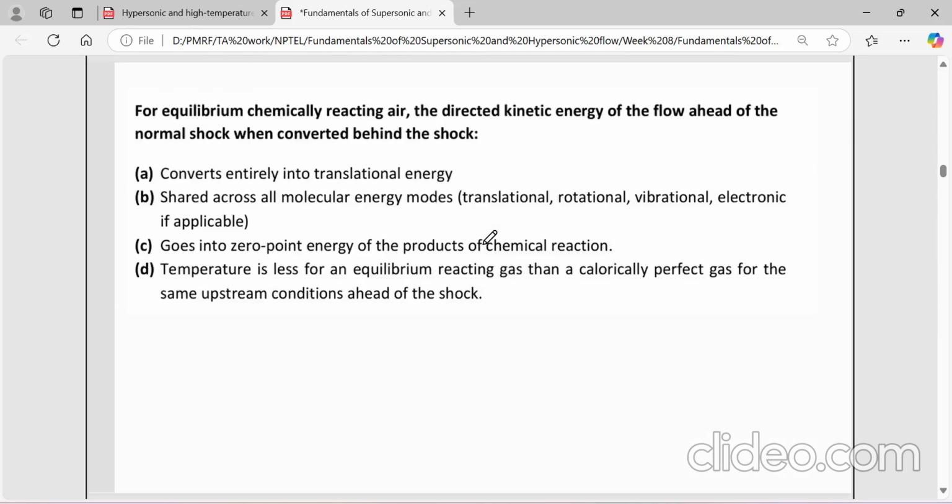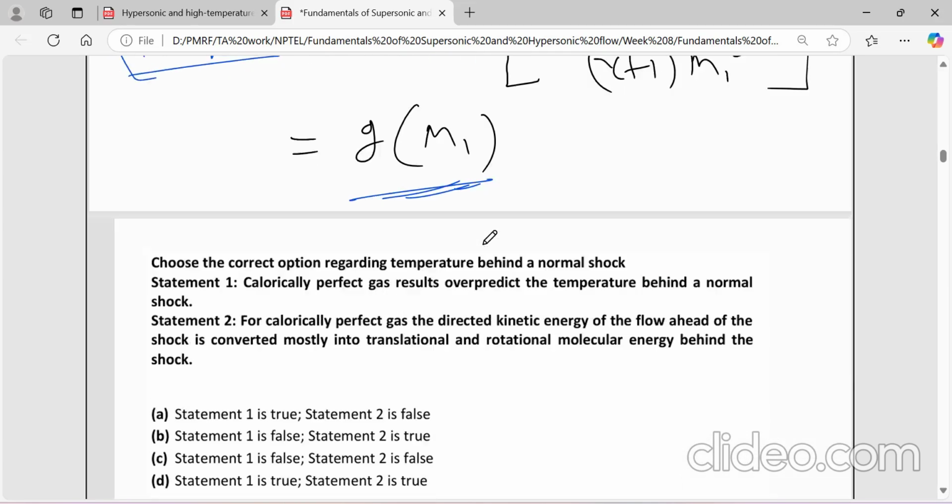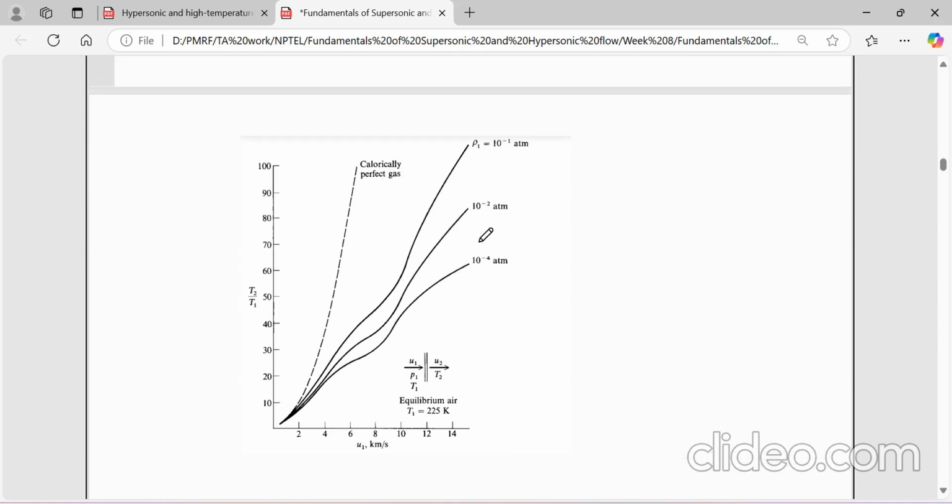So this is one plot of T2 by T1 versus velocity U1. If you see this plot, these dash lines are for calorically perfect gas and the solid lines are for real gas at different pressure or density.